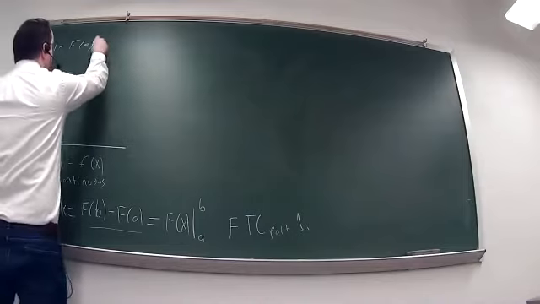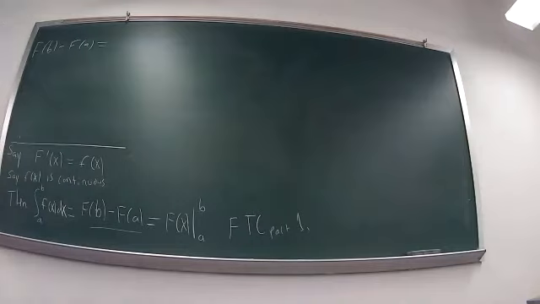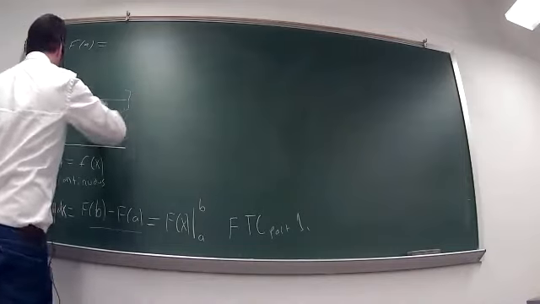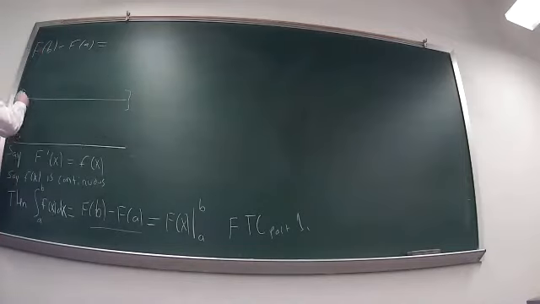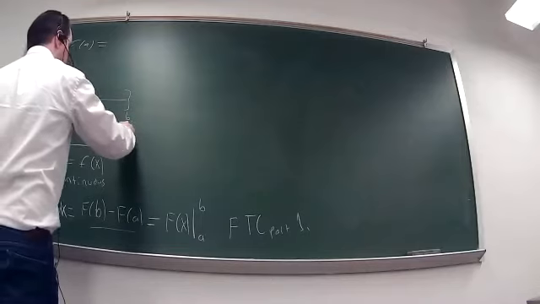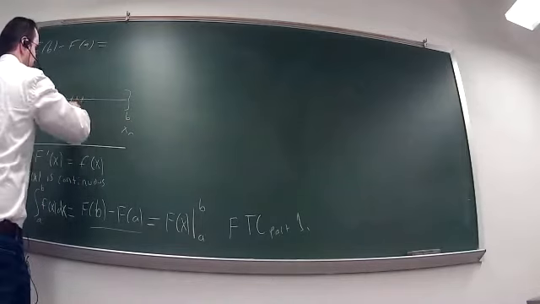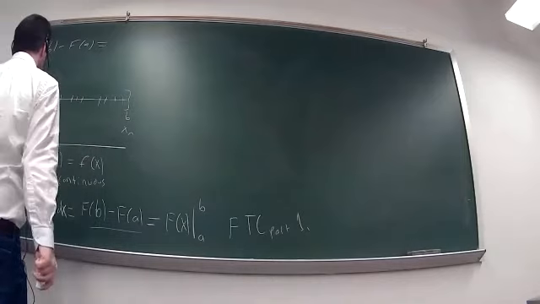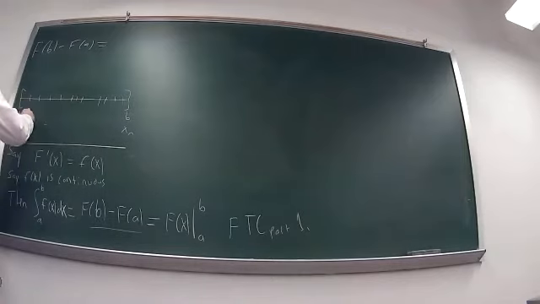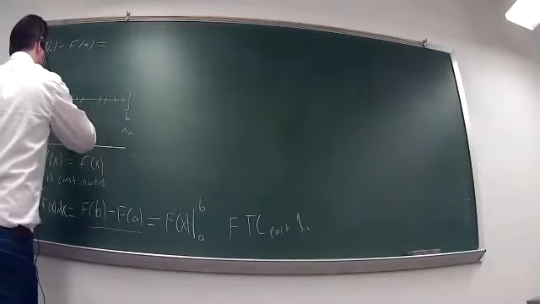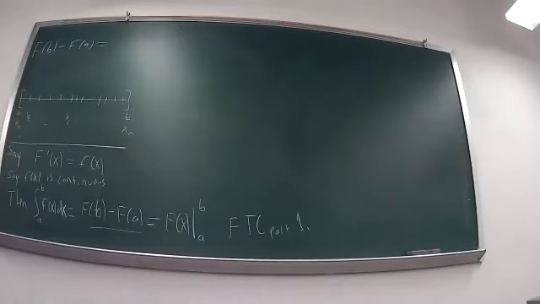And the way you can do this is if you go from this interval from a to b, and you take any partition that you want. It doesn't have to be uniform, but any partition, x0, x1, xi, all the way up to xn.